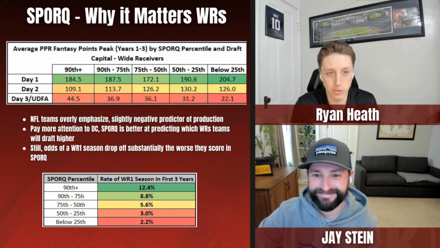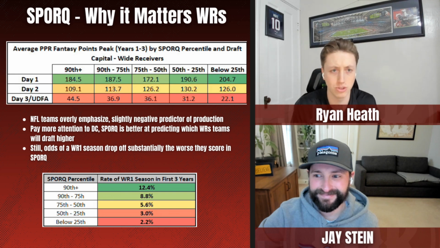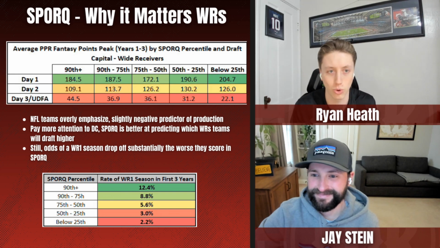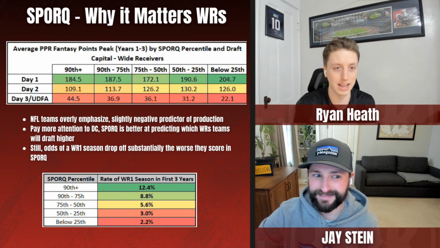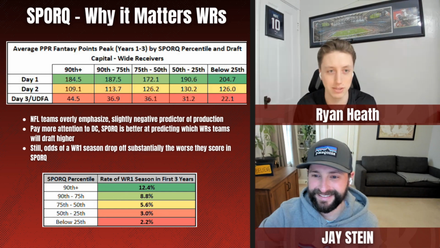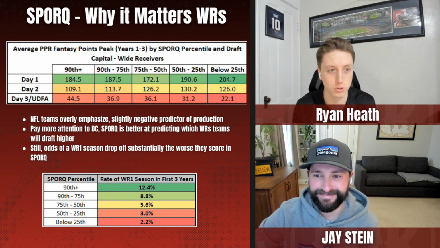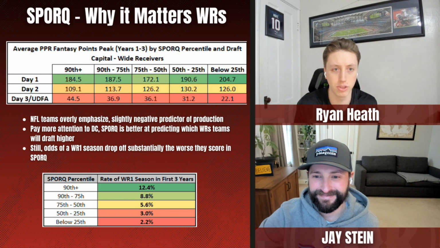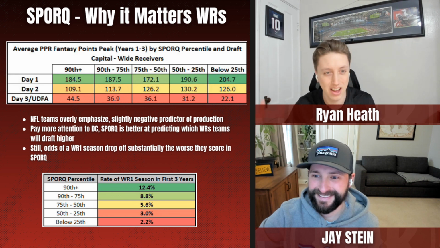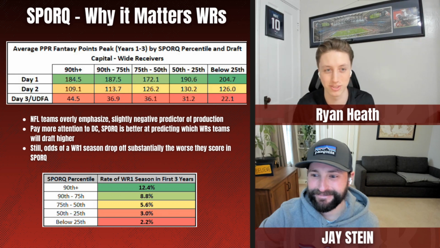So in day 1, what you're seeing is that on average, the more athletic a wide receiver is, in the sense of pure athleticism, what Sporq is measuring, probably the lesser of a wide receiver they are in every other aspect, from a skills perspective, right? I mean, you have the crazy outliers at the very top, like Calvin Johnson, who has the best wide receiver Sporq score ever, but he obviously puts together all of the amazing skills at the receiver position.